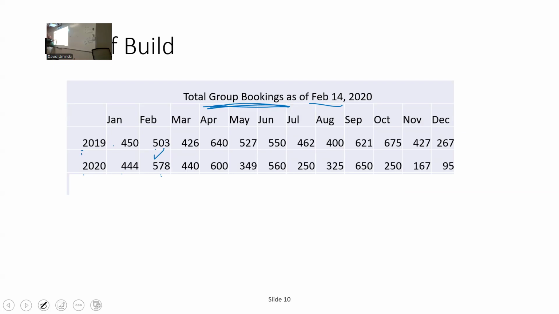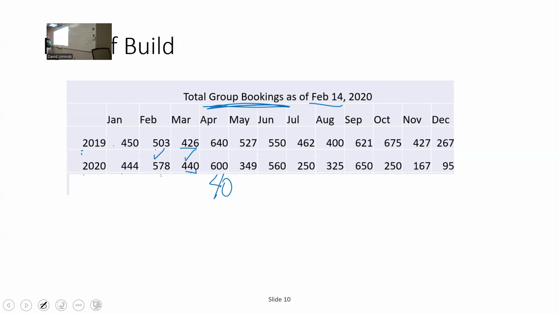So, am I on pace or above pace for March? I'm above, right? 2020 is 440. In 2019, I had 426 rooms. So I'm beyond the pace of 2019. What about April? So I'm under by 40 rooms. May, significantly under, right?